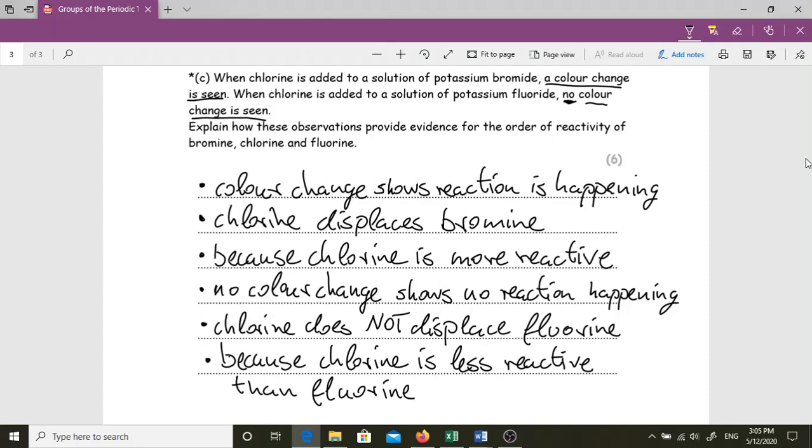Because fluorine is higher up in the group, that means fluorine is more reactive, and chlorine is less reactive because it's further down. And that is all you have to write for the 6 marks.